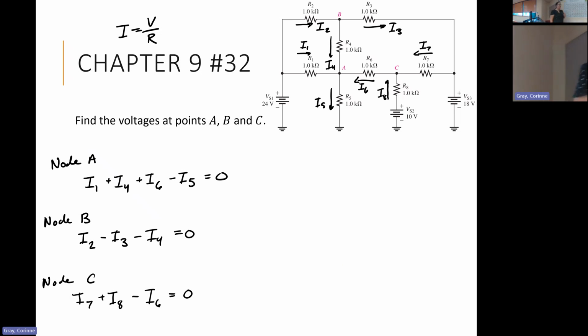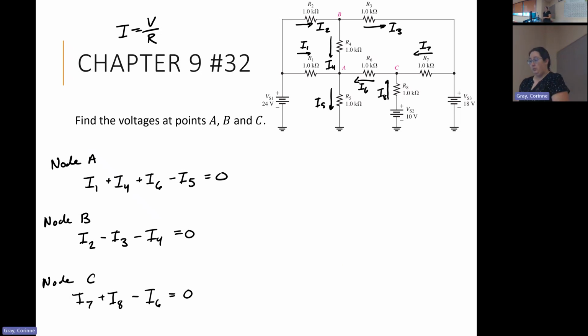But because each of those terms is going to have it, we can multiply all the terms by 1,000 and get rid of it. So it's going to mathematically work out to be the same, regardless of what units we want to use for R. It doesn't technically matter if we use 1 kilo ohm or 1,000 ohms. All terms are divided by the same value, so we can just get rid of it.